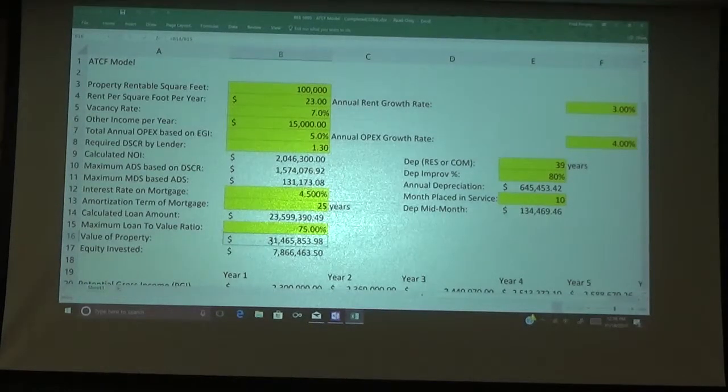So that should match up with what we've got up here under annual depreciation. Okay? Does that make sense? So this is the annual amount of depreciation for a commercial property where 80% of the value is attributed to the improvements. There is our depreciable value each year that we can write off.